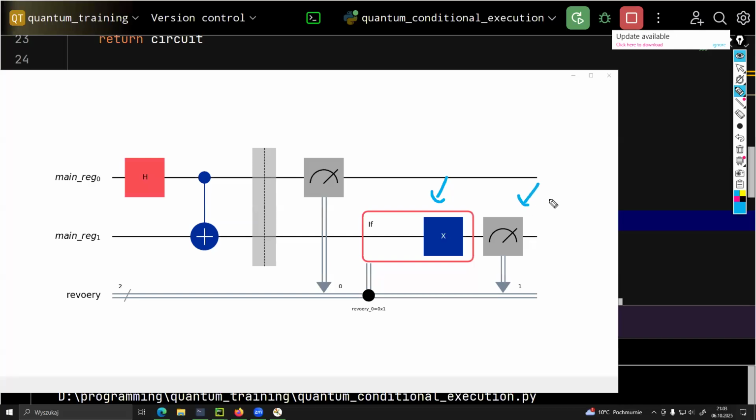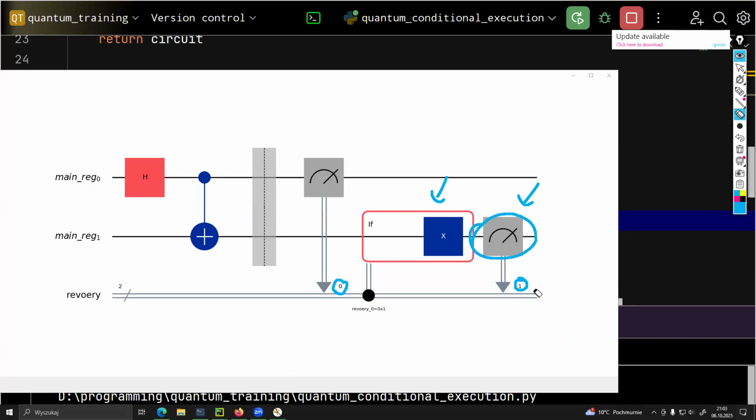So what will be the result of this measurement on the first bit? I will tell you this: bit 0 and bit 1. What will they be?